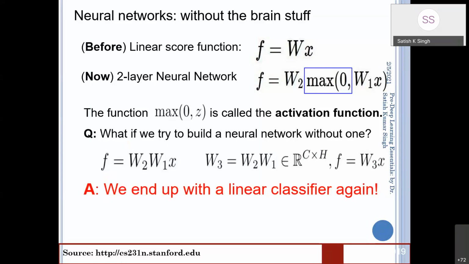So we can say W3 is W2 W1, so F is W3 into X. The neural network is converted into a linear classifier. So we end up with a linear classifier again.